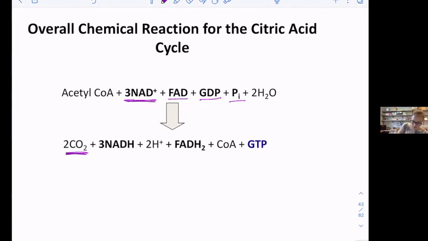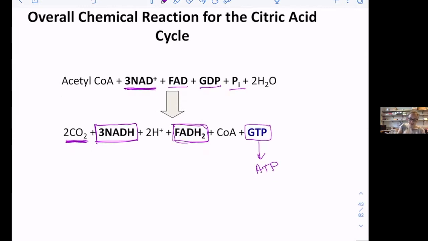This acetyl-CoA has 2 carbons in it, right? So we form 2 carbon dioxides, 3 NADH, reduced coenzymes, FADH2, and GTP, which transfers to ATP.